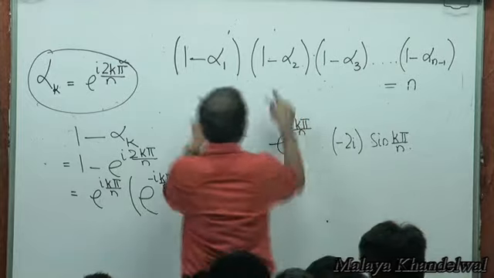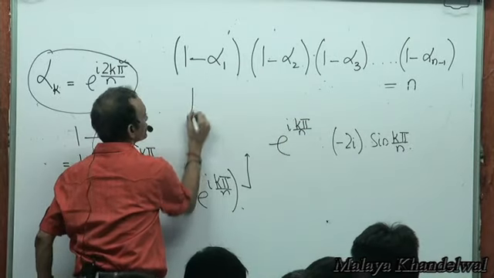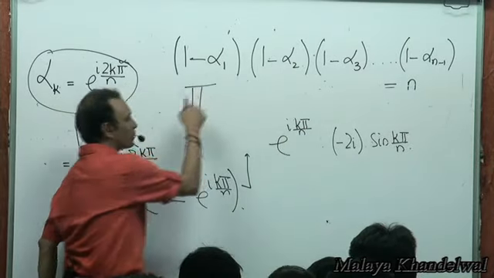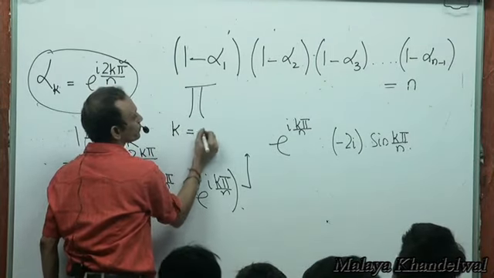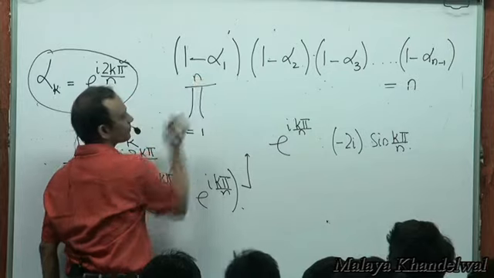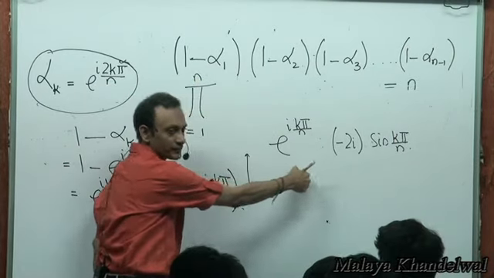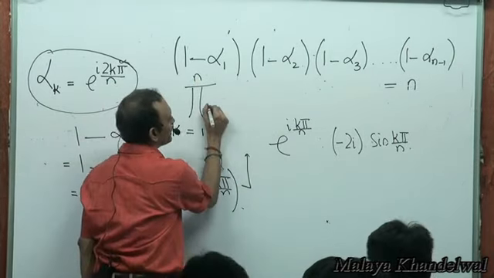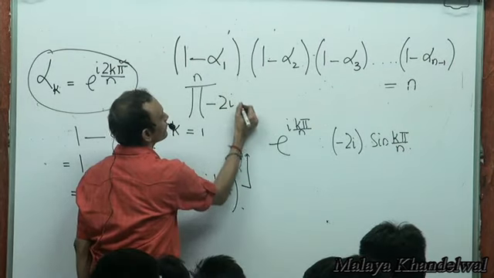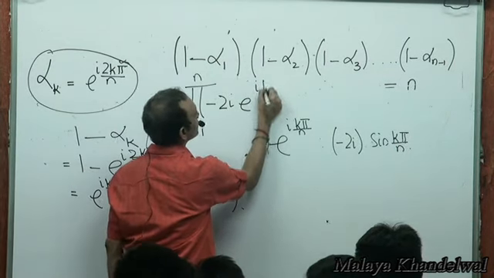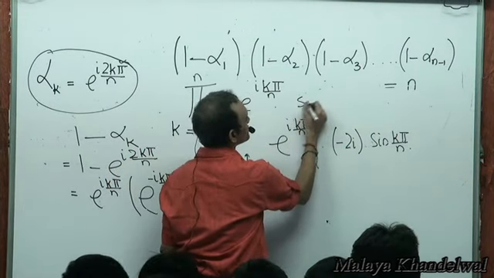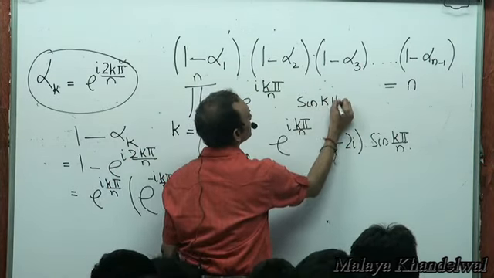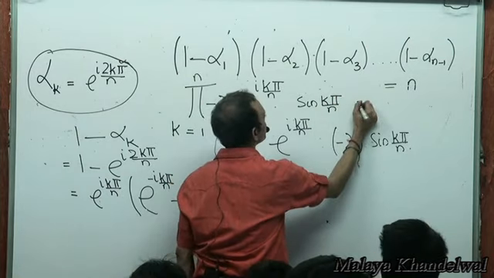Now, look at this product. This product, represented by pi, k equal to 1 to n, of terms of this kind, minus 2i e to the power i k pi by n sin k pi by n, equals n, yes or no?